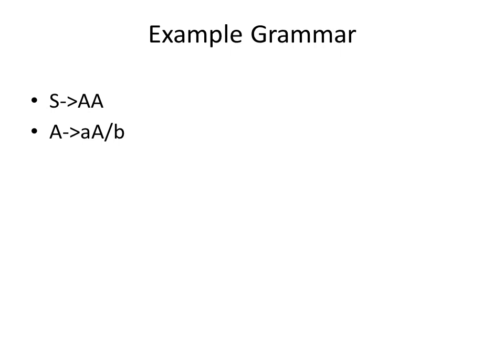And second production, capital A implies small a, capital A. This is one production. And third one is A implies small b. So there are 3 productions here. This we have taken as an example grammar for LR0 parsing.